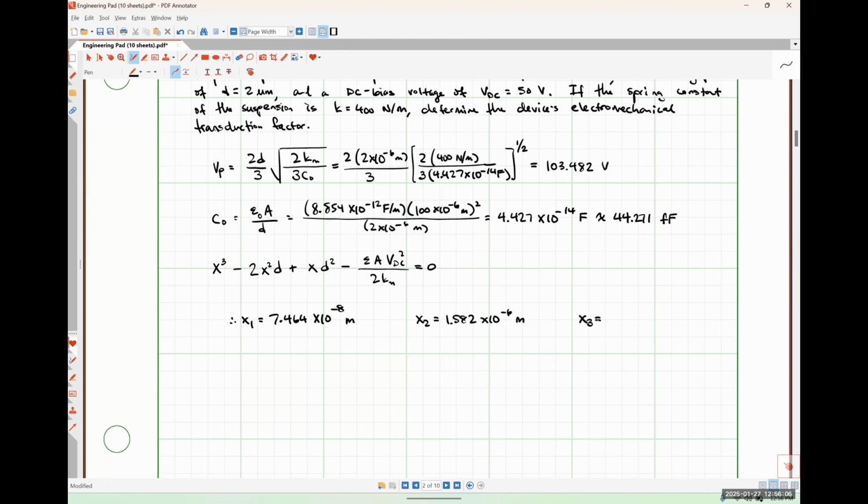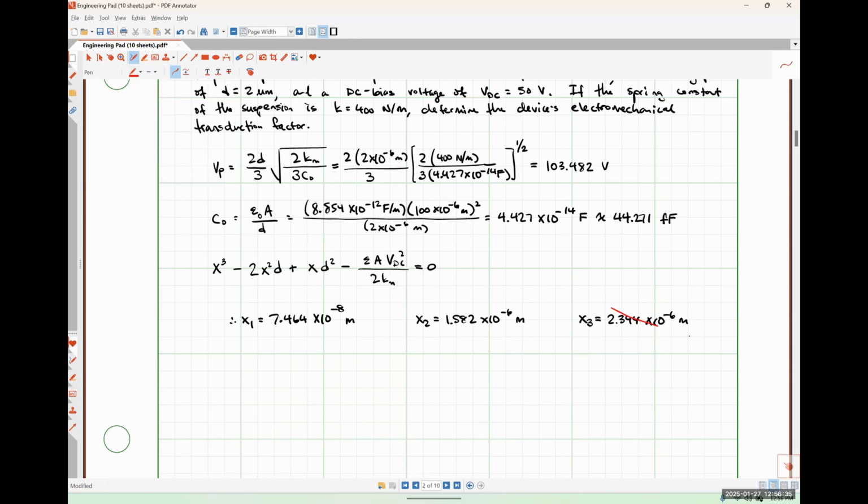And lastly, X3 was 2.344 times 10 to the minus 6 meters. So which of those 3 displacements is valid, or is the real one? Number 1. Absolutely right. So it's always going to wind up being the smallest one, just for what it's worth.